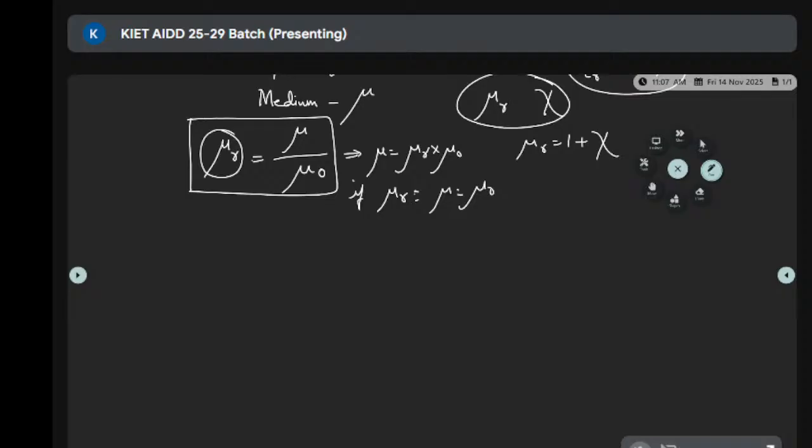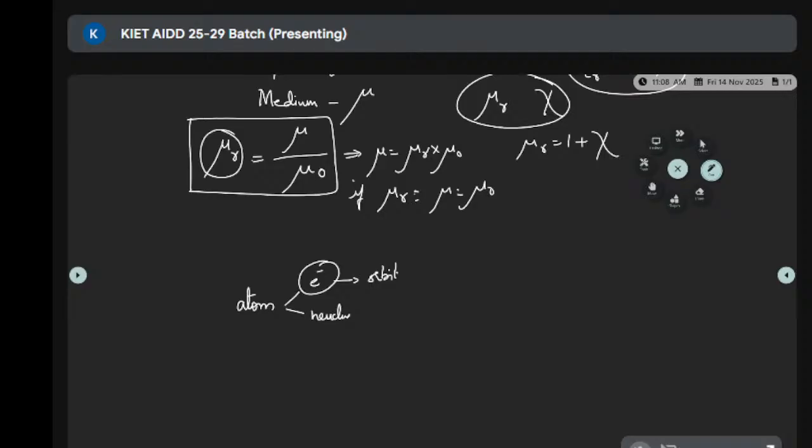Generally, an atom contains what? Electrons and a nucleus. Electrons orbit around the nucleus. So that orbit gives magnetic moment.